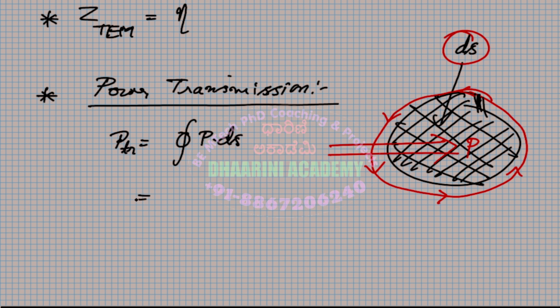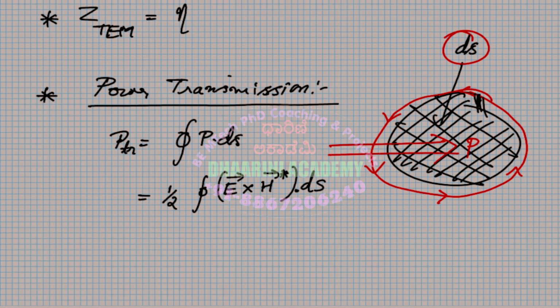We already know that the power transmitted is given by half, once again the closed integral, of the electric field cross the conjugate of the H field. So power is E cross H, and ds remains there as it is, so there is still a dot product with ds. This is the Poynting theorem.